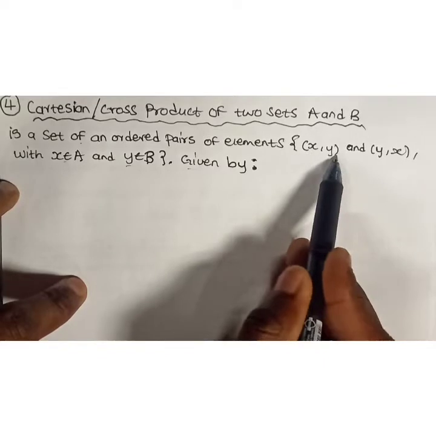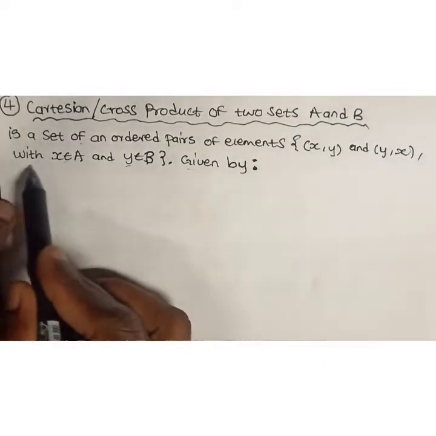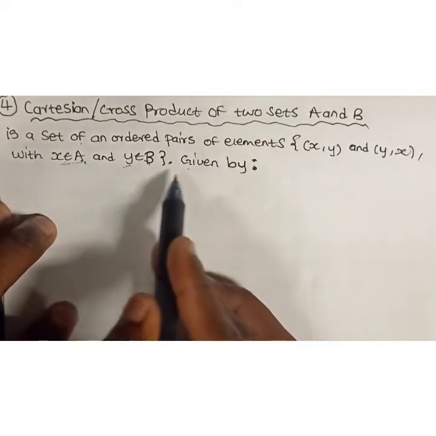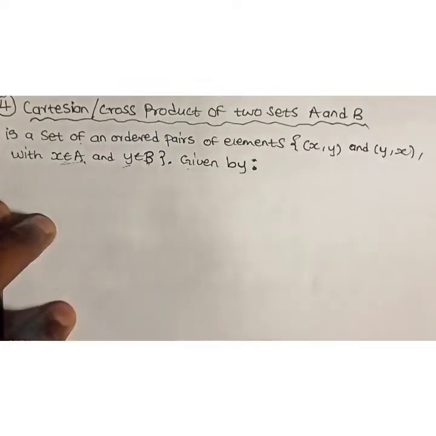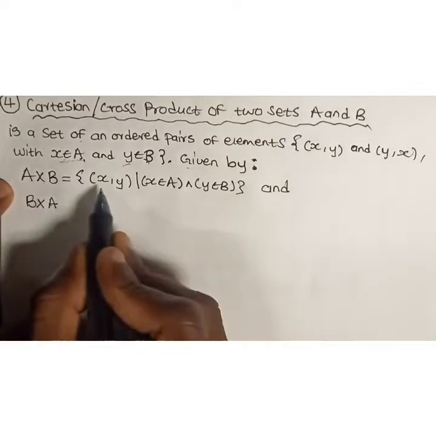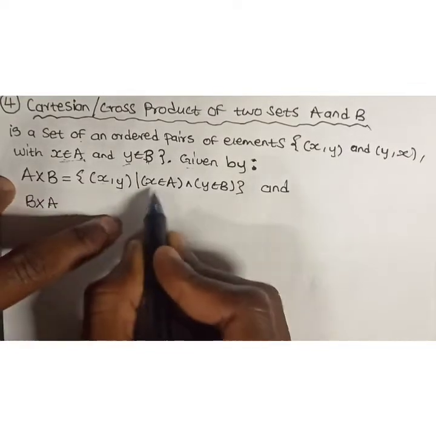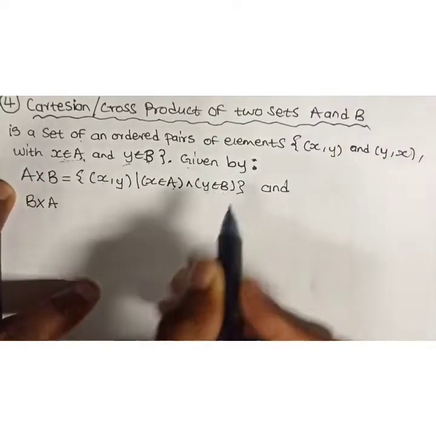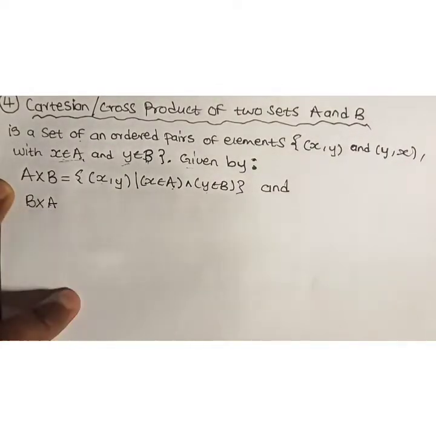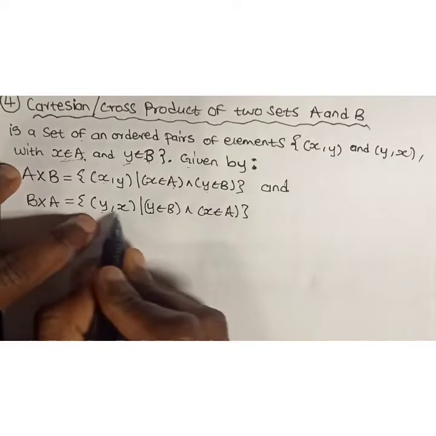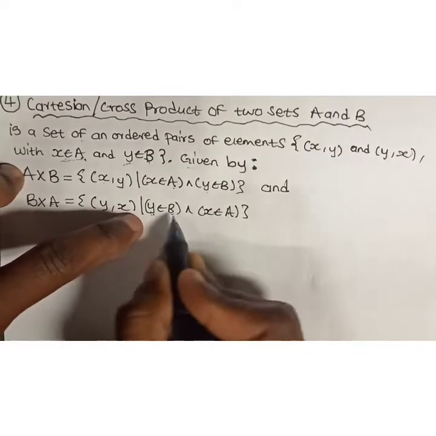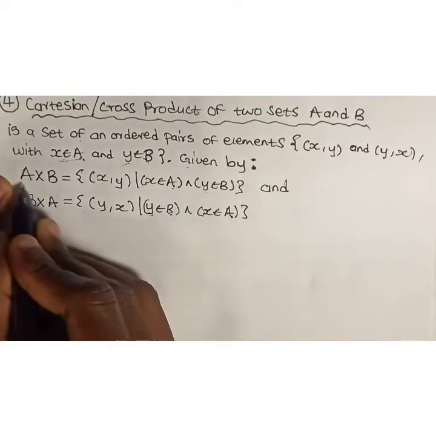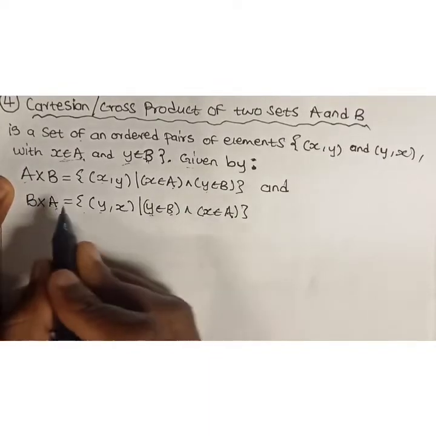A pair can be X, Y and Y, X, with X an element of A and Y an element of B. So our cross product can be given by A cross B, which is defined by a pair X, Y such that X is an element of a set A and Y is an element of a set B. And B cross A, which is defined by Y, X such that Y is an element of a set B and X an element of a set A. Note that A cross B is not the same as B cross A.